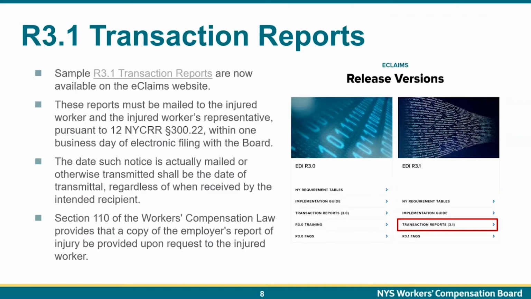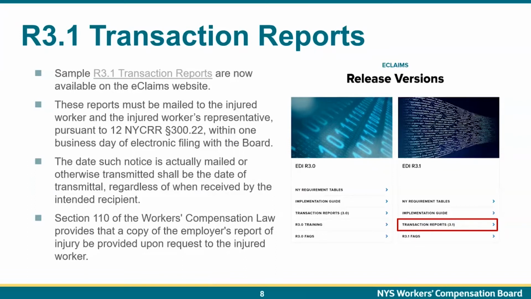And section 110 has not changed, and that provides a copy of any employer's report of injury be provided to the injured worker upon request. So in this case, it would be the SHROI 00, as that's not a mandatory mailing in that case.